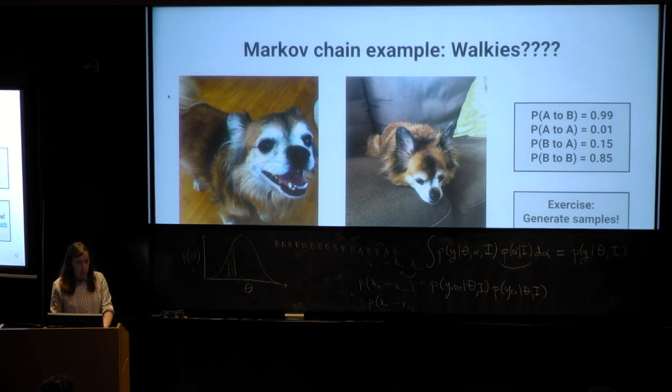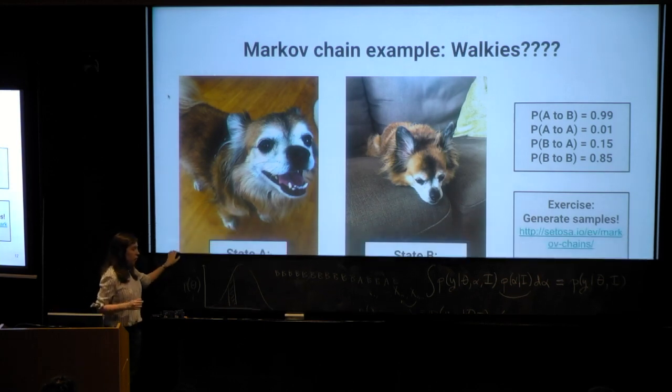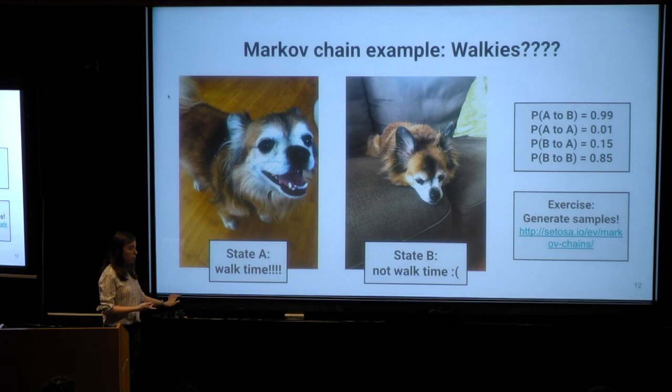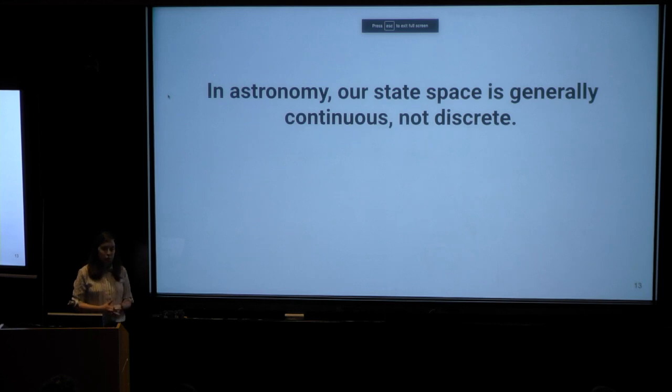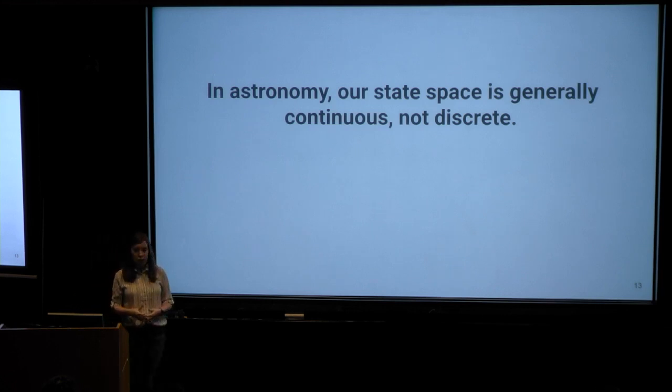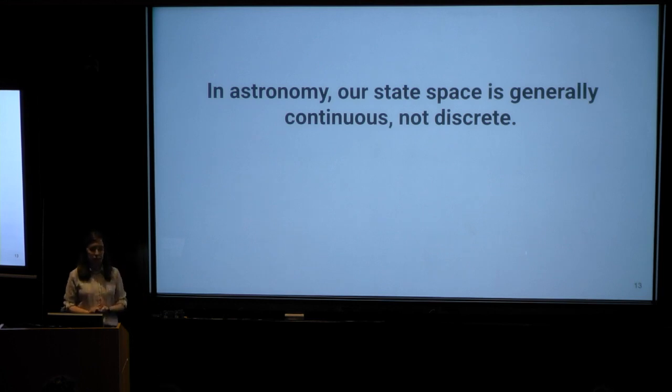In science, there are a couple of differences between this example and what we would generally use a Markov chain for in MCMC. One difference is that we were using just a simple two-state system of walk or not walk. But generally, the parameter space that we're interested in exploring and the data that we want to predict are both continuous systems. A Markov chain can deal with this. The reason that I gave you these discrete states is that it's a lot easier to simulate.